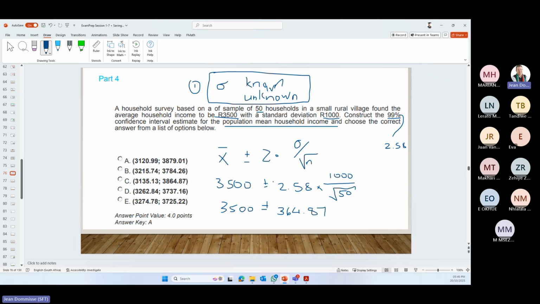Just check for me if that is what you get as well. So 1,000 divided by the square root of 50, 141.42 times 2.58.